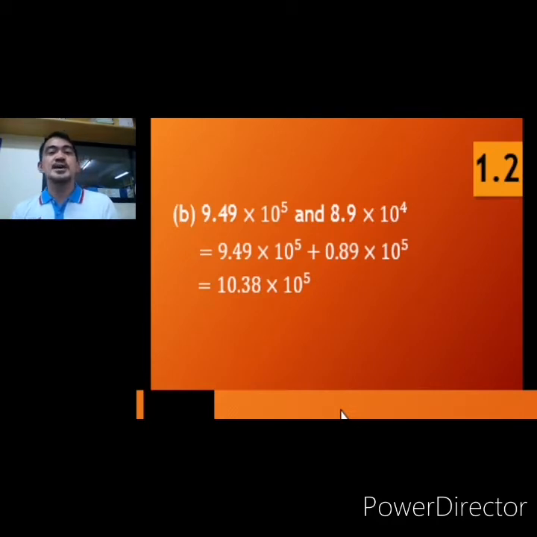Since 10.38 is greater than 10, we have to move our decimal point to the left one place, by dividing it by 10. If you divide 10.38 by 10, it will give you 1.038. But what will happen to the power of 5?